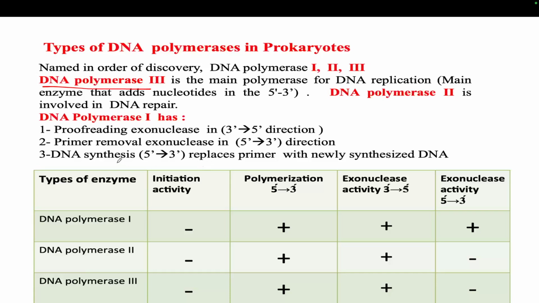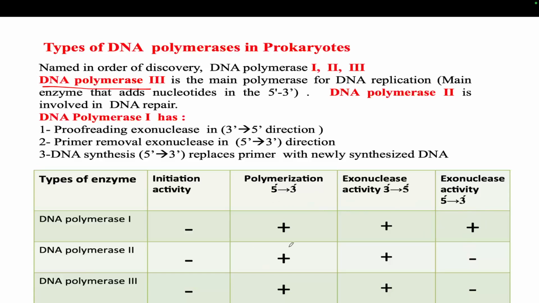So this is the chart where the DNA polymerases have polymerization capacity as well as exonuclease activity. And extra, the 5' to 3' exonuclease activity is also here, which is very rare.